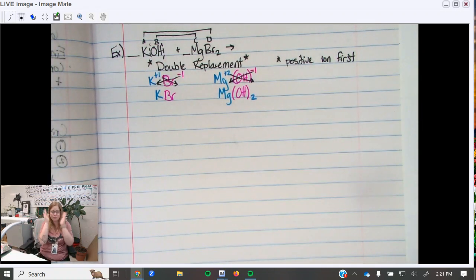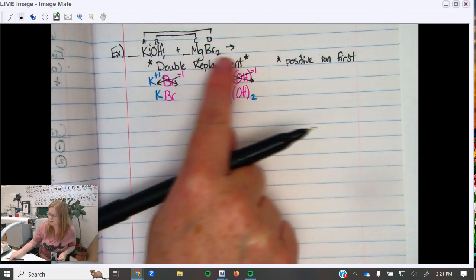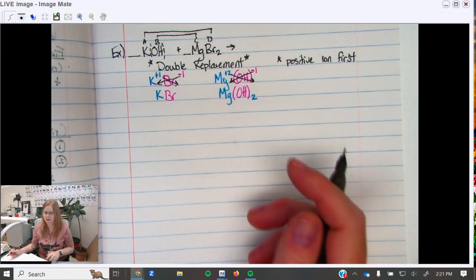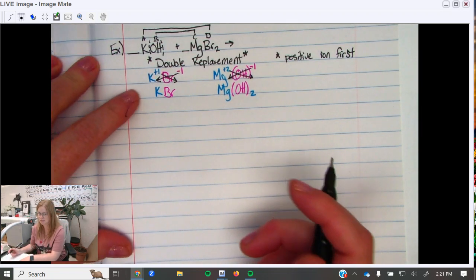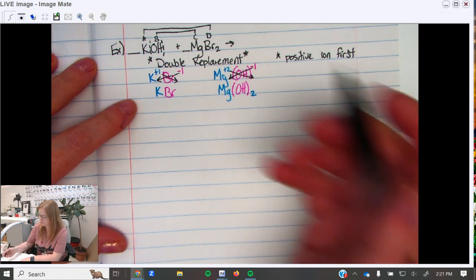So now I've figured out my products, and it doesn't matter if I put KBr first or Mg(OH)2. So I have to actually plug these into the equation and balance. I'm just going to rewrite it for simplicity's sake because there's a lot going on.